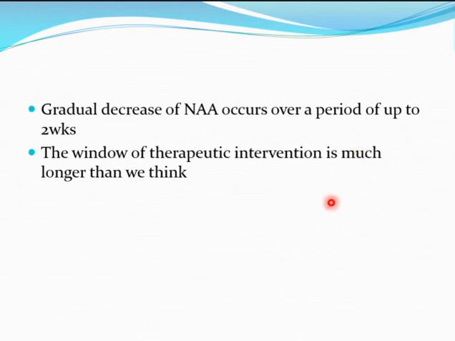A gradual decrease in the NAA peak occurs over up to 2 weeks, as we said. The window of therapeutic intervention is much longer than we think. What does that mean? MR spectroscopy showed us that previously we were thinking there's a golden window for treatment, some people say 4 hours, some say 6 hours, some say 12 hours.